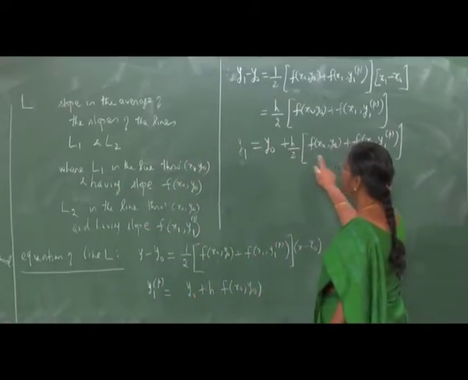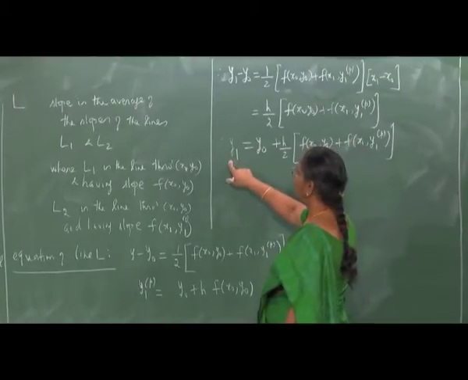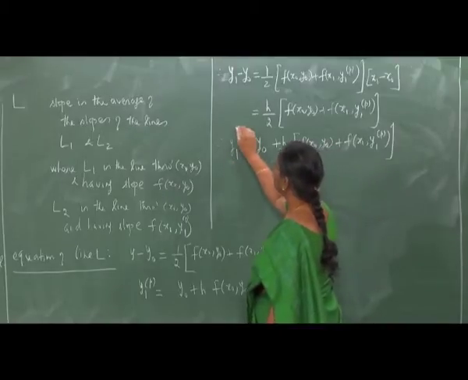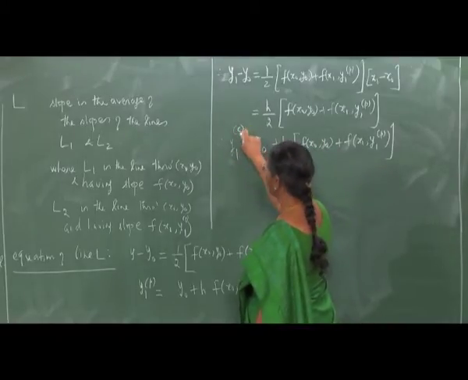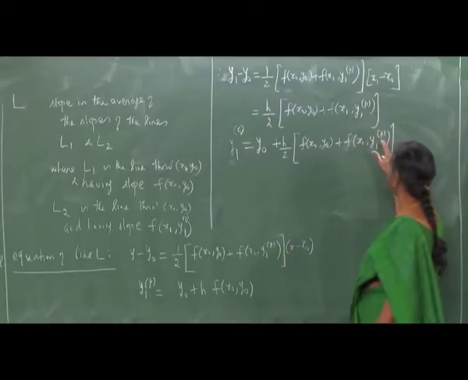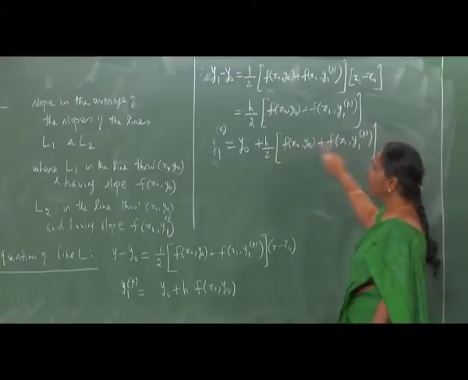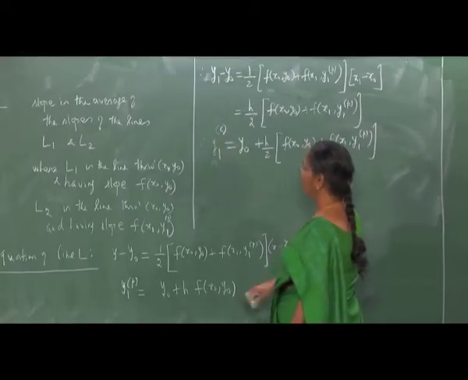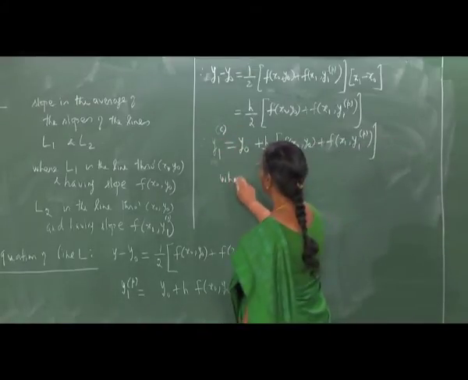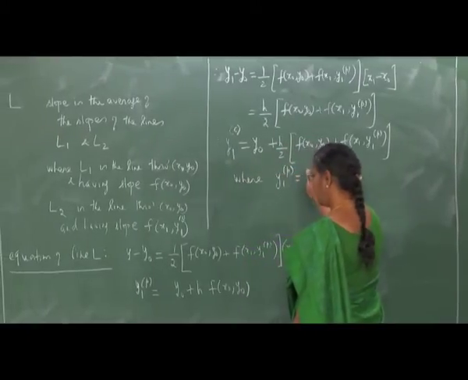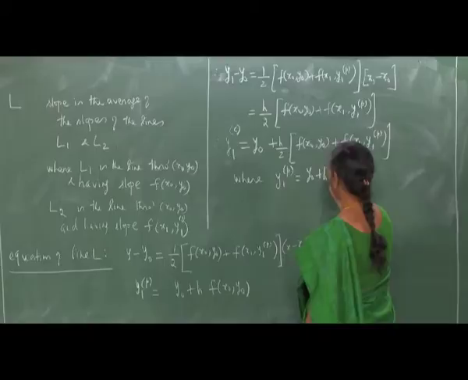So, you obtain a new, modified value at x1 for y1. So, you say that you have corrected the earlier predicted value by Euler's method. So, you end up with a corrected value of y1, and here, as we have already seen, the predicted value is given by Euler's method.